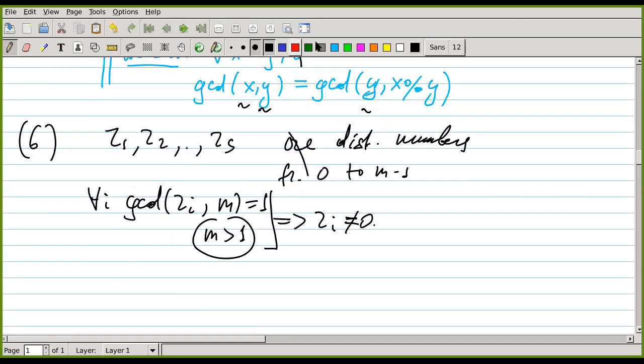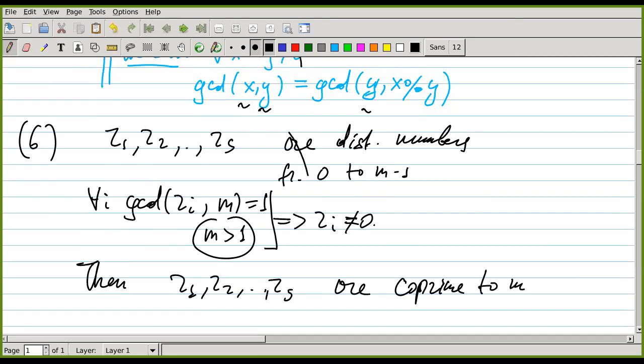So what can we say then? Our R's are co-prime to M, and they all belong to this range from 1 to M minus 1. Do you agree?